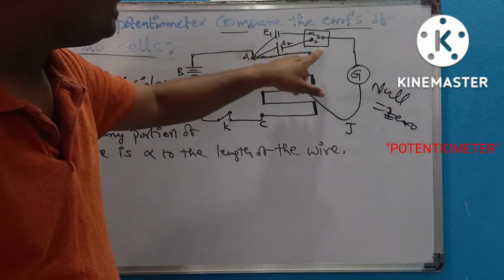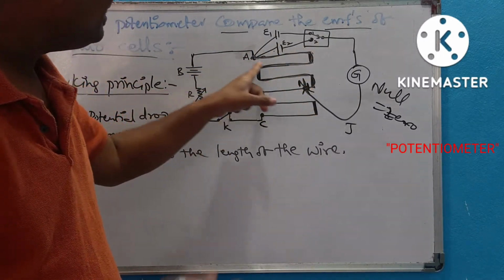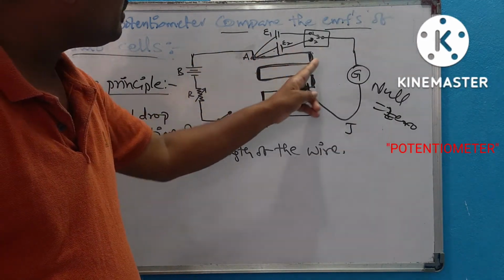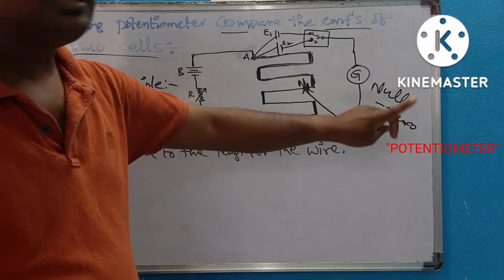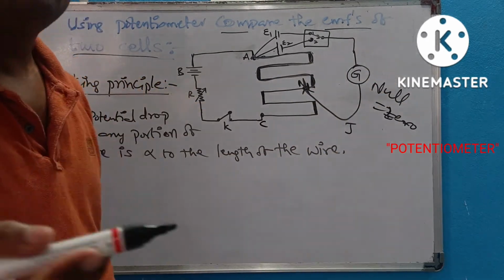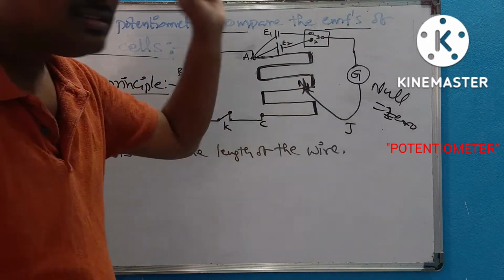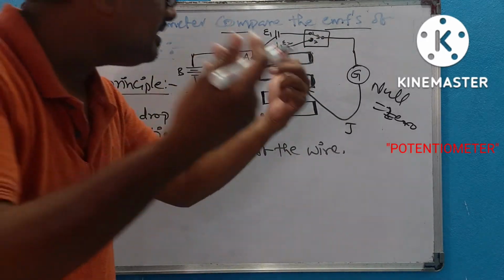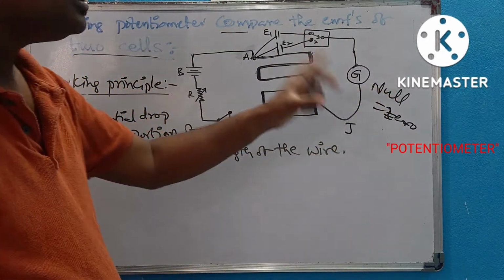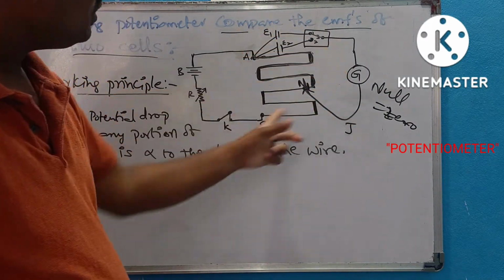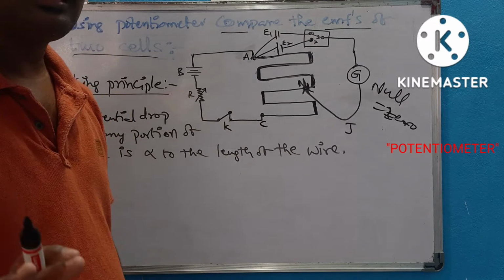From point A to point N1, as we move gradually away from point A, the potential is dropped in the galvanometer gradually, and finally at point N1 the galvanometer shows null deflection, zero deflection. Then we say the total circuit is in balanced condition.